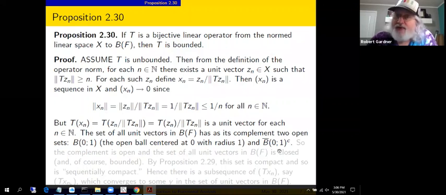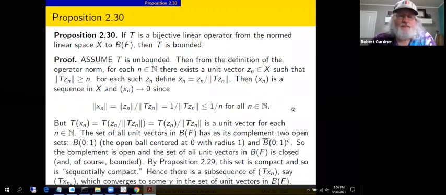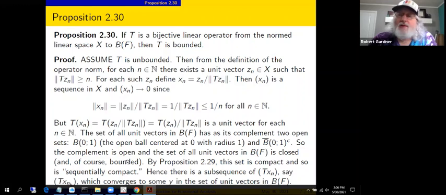Both of those are open sets. So the complement of the set of all unit vectors is open. It's a union of 2 open sets. And the set of all unit vectors in B of f then is a closed set. And of course it's bounded. It's bounded in norm by 1. So this B of f is a closed and bounded space. Closed and bounded. That means compact.